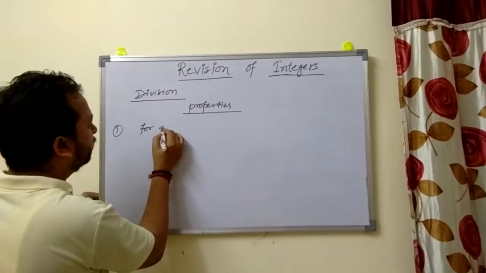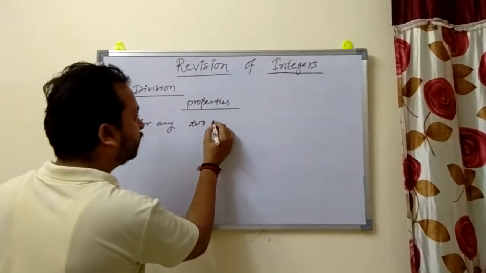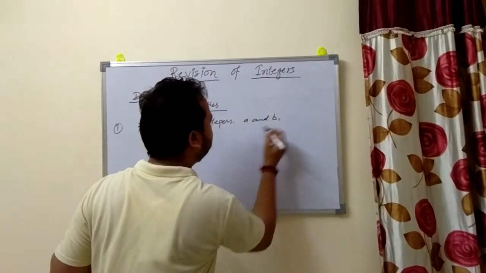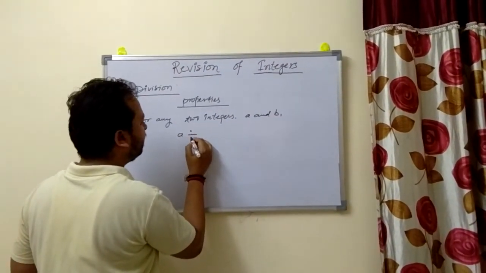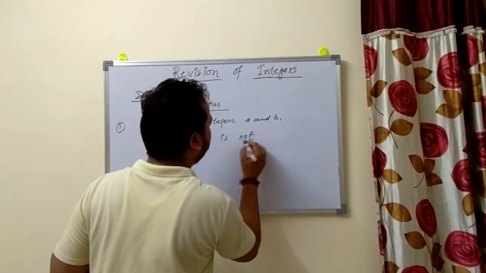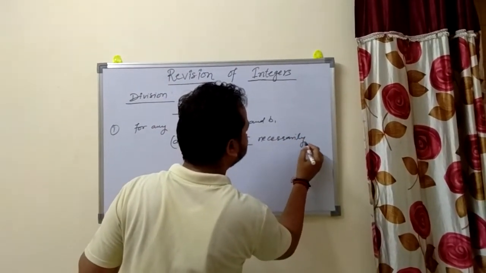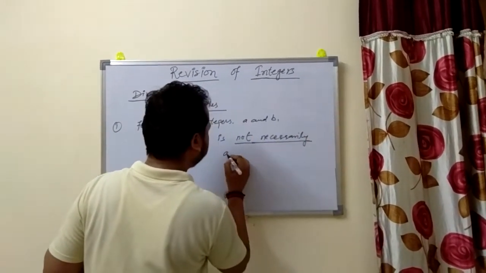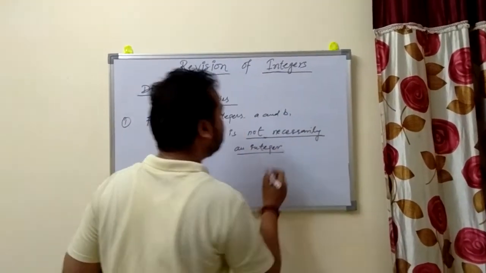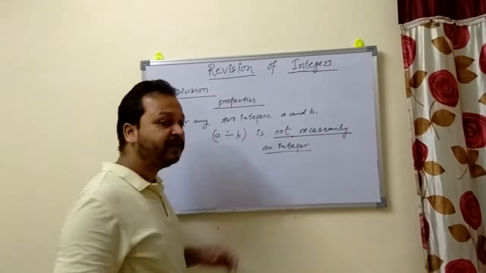For first property, for any two integers a and b, a divided by b is not necessarily an integer. Means it may be an integer or it may not be an integer.